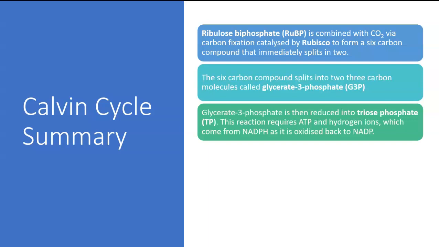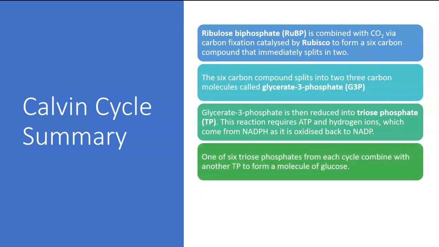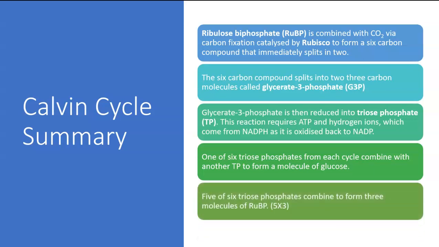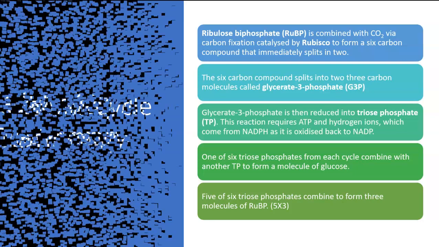This reaction requires ATP and hydrogen ions, which come from NADPH as it is oxidized back to NADP. One of 6 triose phosphates from each cycle combine with another TP to form a molecule of glucose. 5 of 6 triose phosphates combine to form 3 molecules of RuBP.